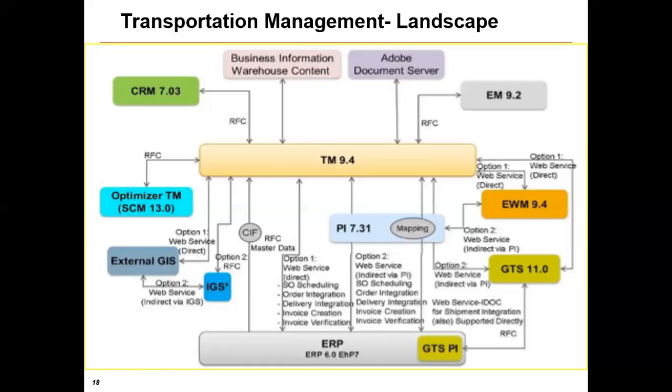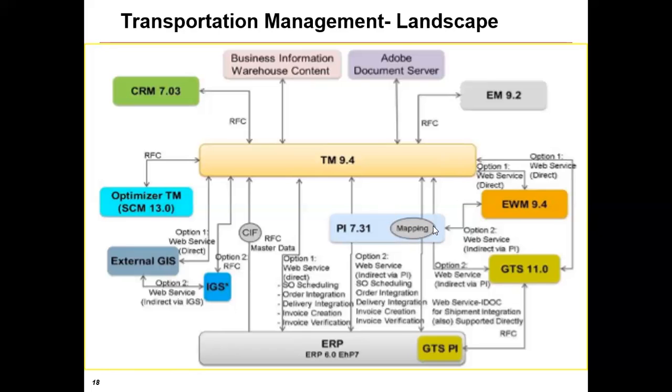Okay, fine. So in this particular bridge, we have got PI 7.31. Next, option 2, we have indirect connections from TM to GTS via this PI only.